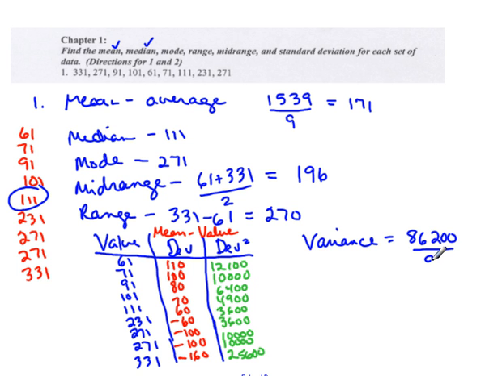I divide by 9 because I'm finding the average, and I get a variance of 9,577.8 approximately. So the last step of the standard deviation then is to take the square root of the variance and round. So this would be about 97.9 if you rounded to one decimal place.